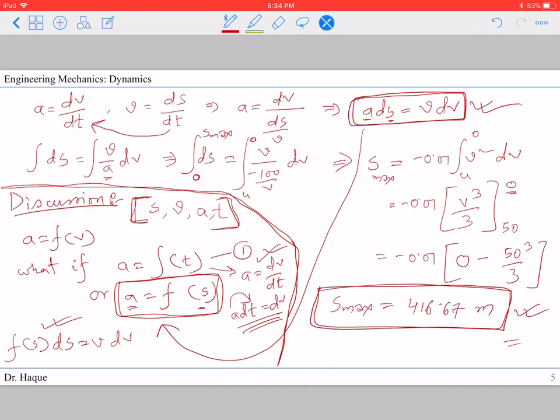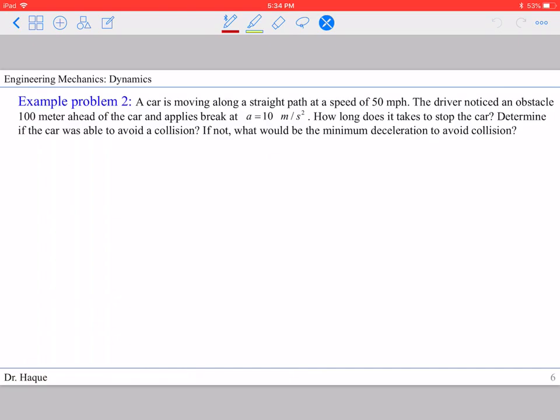Let's move to the second problem that we have for today. It says a car is moving along a straight path. So this is the assumption, straight path, meaning rectilinear motion, at a speed of 50 miles per hour. So what are the things given, the knowns?